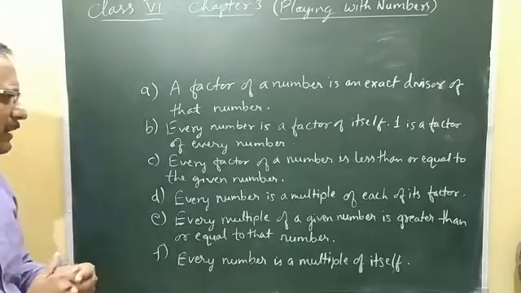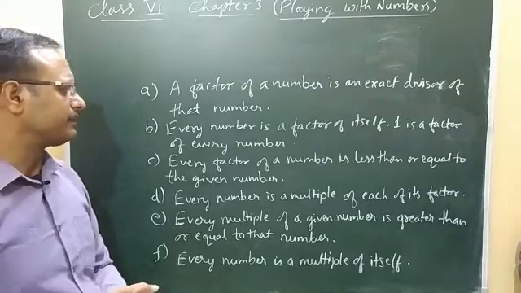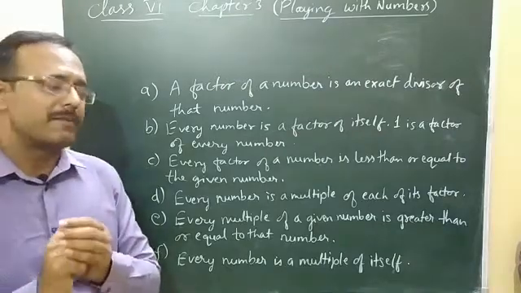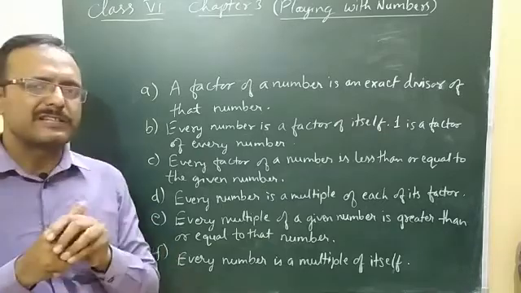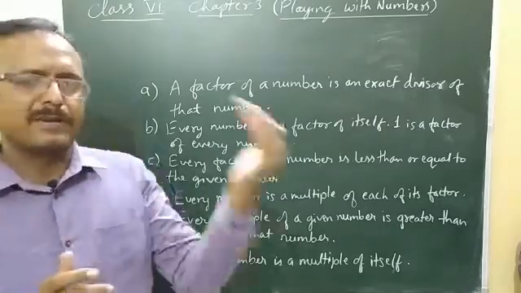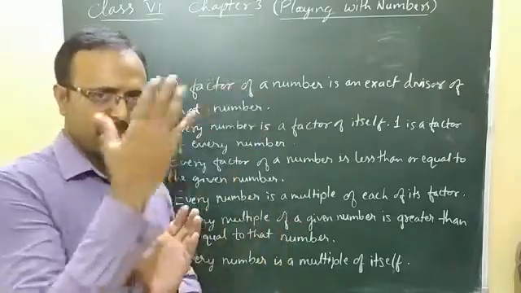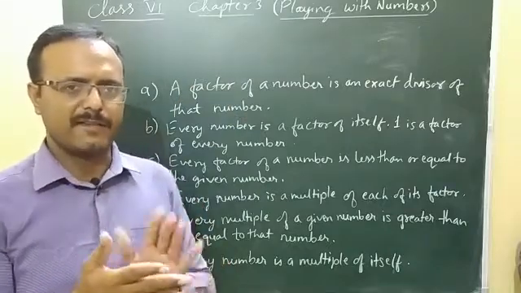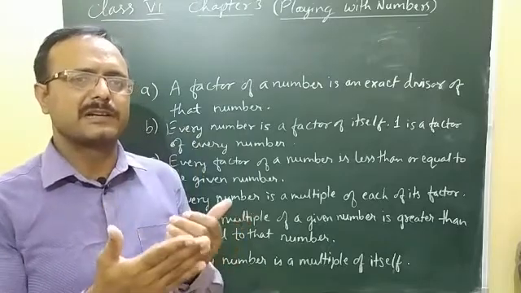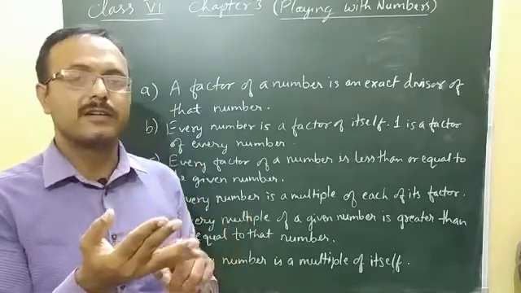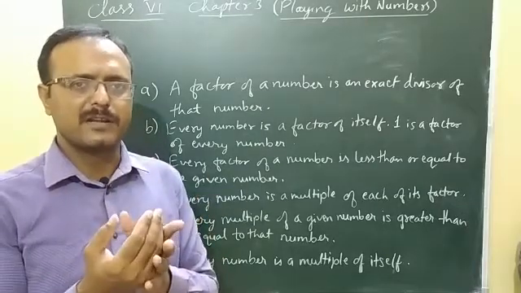Now the next point: every number is a multiple of each of its factors. What does it want to say? If a number is 15 and its factors are 1, 3, 5, then 15 will be considered a multiple of 1, 3, 5, all the factors which are obtained.